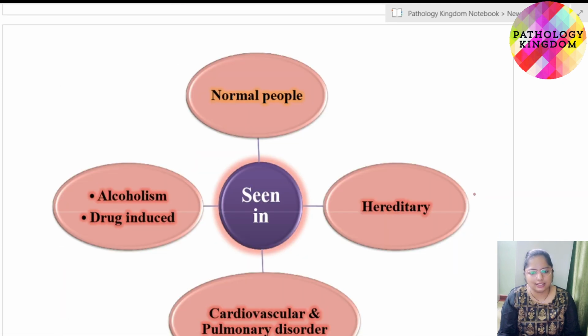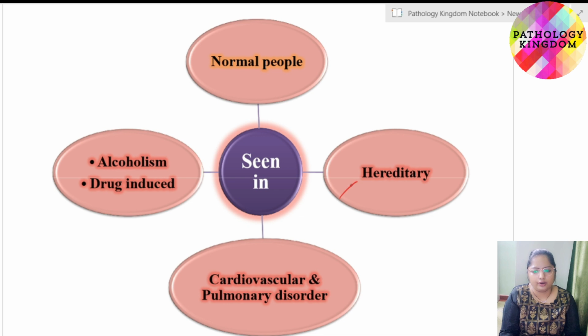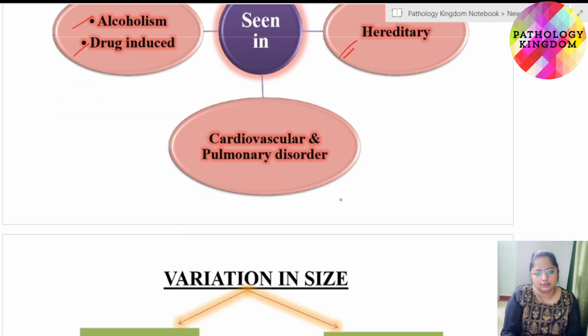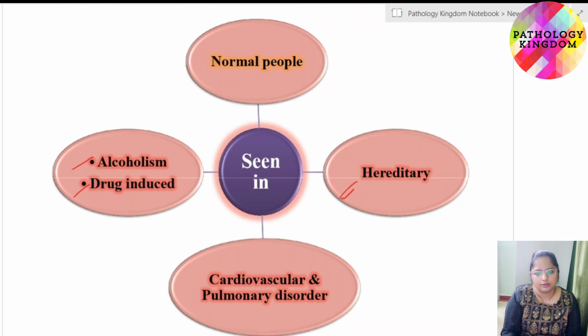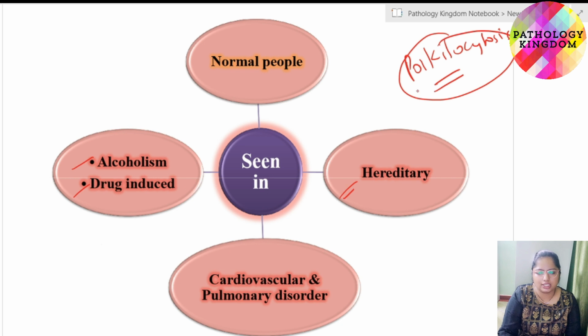And they are seen normally or in hereditary conditions, cardiovascular and pulmonary disorder, alcoholism and drug induced. So this is all about poikilocytosis, that is variation in shape of red blood cell.